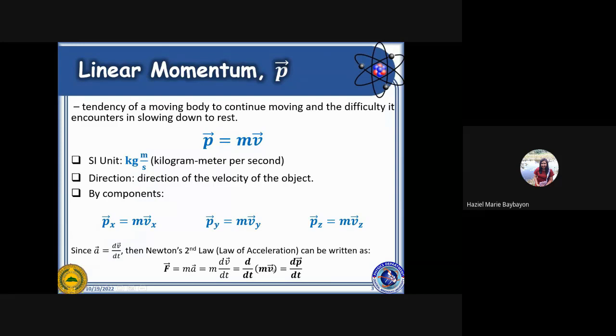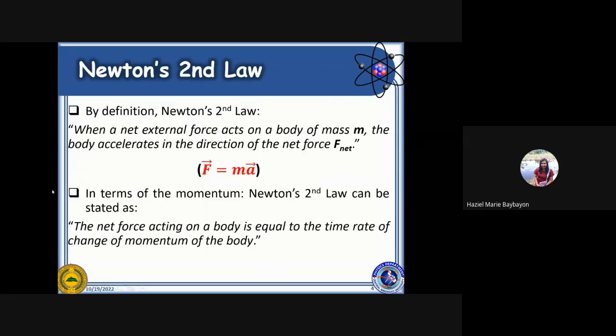So you have this one. So another definition of Newton's second law, it can be stated as the net force acting on a body is equal to the time rate of change of momentum of the body. Okay? So we have another definition of Newton's second law here.